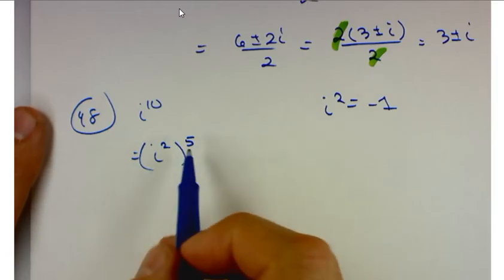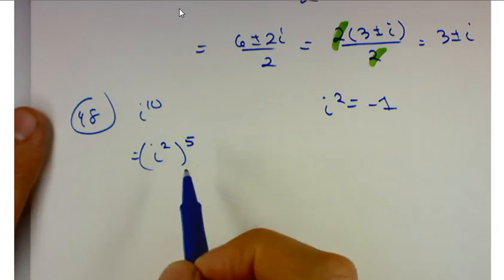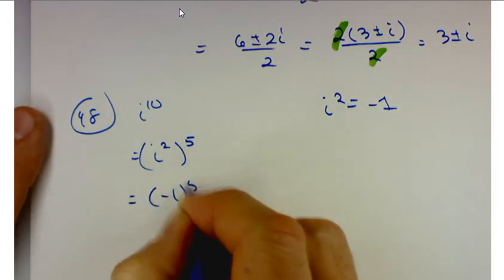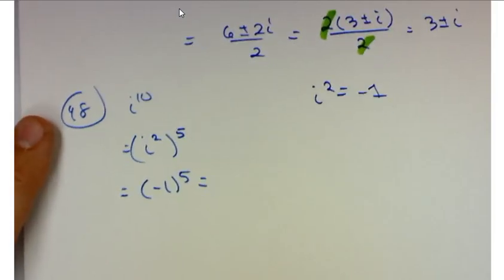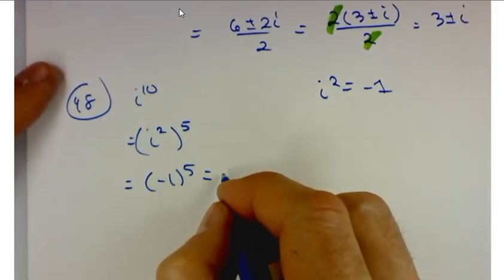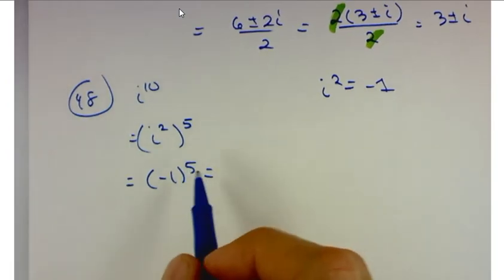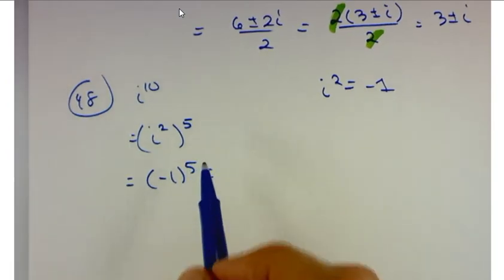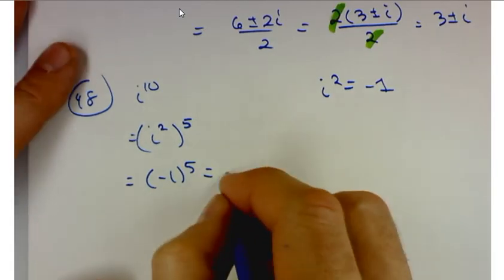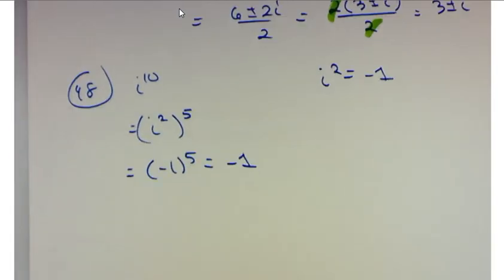Do you see that these two things are equal, right? 5 times 2 is 10, so I've just rewritten this. So that's negative 1 to the 5th power. What's negative 1 to the 5th power? You've got an odd exponent here, so you're going to get a positive or negative 1 for an answer. Negative. So negative 1. And that's it.